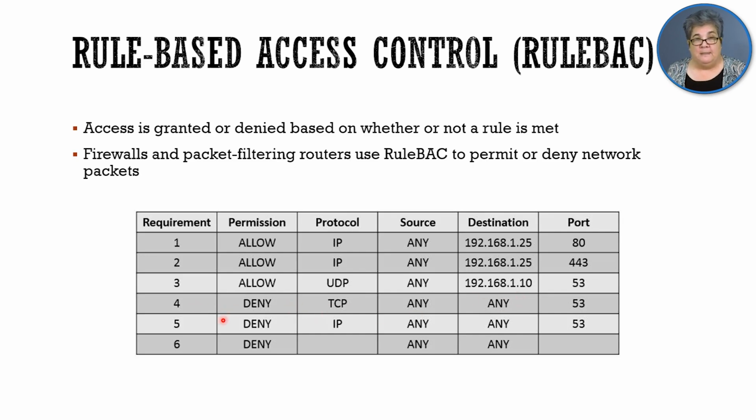So, okay, try the next rule. Well, if you use IP, any source, any destination, port 53, well, maybe you don't even match that. The last rule is, I don't care who you are or where you're going, you're denied. So this is the idea of rule-based access control. It may seem like a lot, but it's actually very fast. It has really good performance.